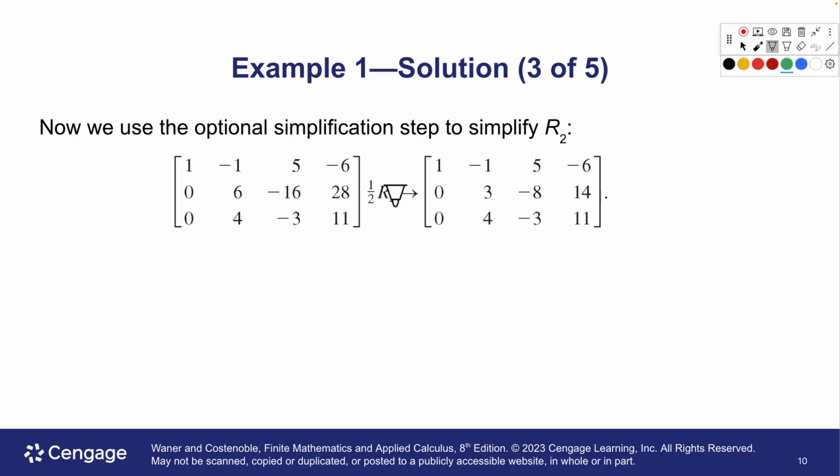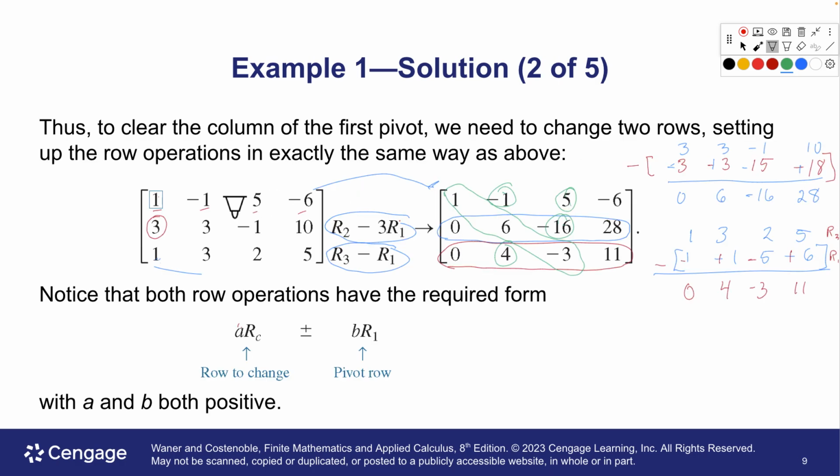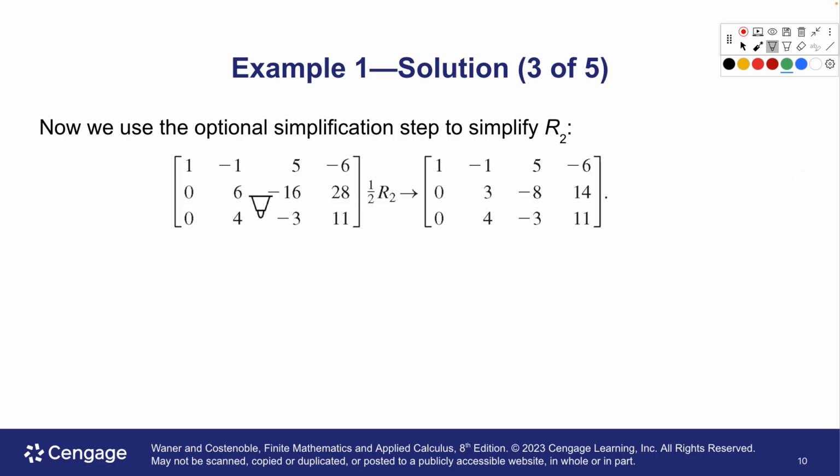So what they're going to do now is, well, one thing we can always do, we don't have to do this, but if you notice this middle row here, 6, -16, 28, it can reduce because we could divide each of these by 2, so we're dealing with smaller numbers. It just makes it easier.